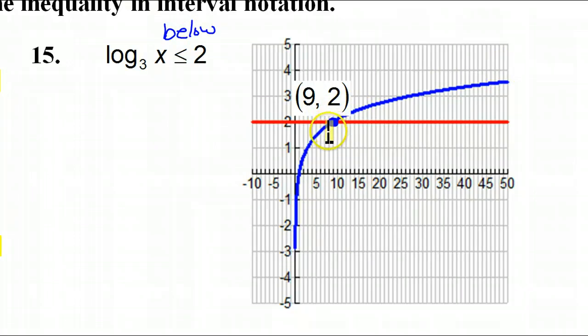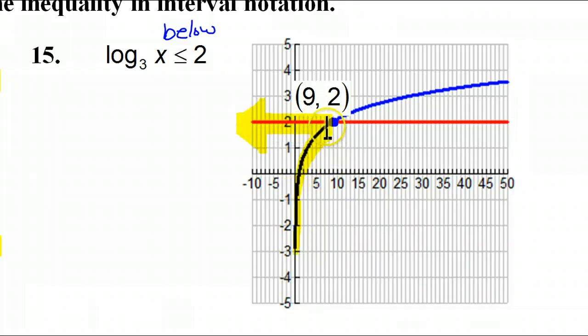All right, obviously below is this part. Okay, now what we need are the x values, like a number line. So do I want the part on the left or the part on the right? Yeah, of course I want the part on the left, because that's where the below part of the graph was. That's what we just showed.